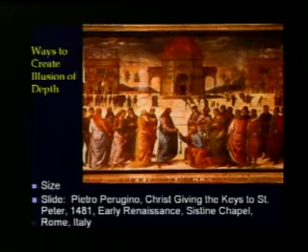And then another thing that he has used is size. The way that depth is read in a Renaissance work of art, and it sort of has become the standard way that you're supposed to read depth in any work of art, whether it's Renaissance or whether it's non-objective, is that what is at the bottom of the painting is closest to you.